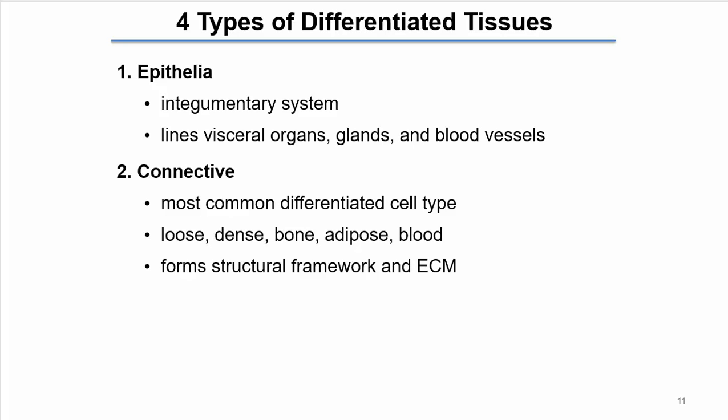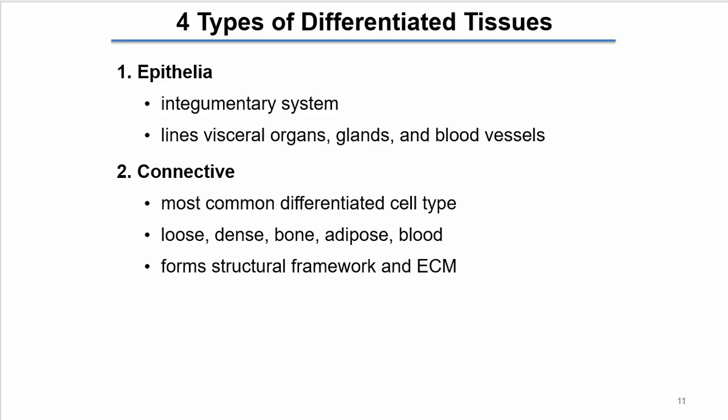It is highly cellular. There's not very much extracellular matrix, and it forms the barrier between two different environments, and therefore it takes a beating. So because it takes a beating, it gets replaced a lot, and so it's very highly mitotic and has a high metabolic function.